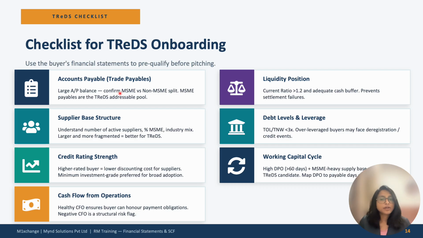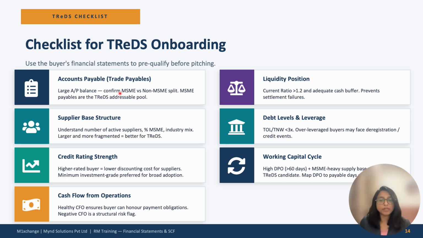company for TReDS. Okay, next is your supplier base structure. What do I mean by structure? That a significant percentage of the vendors or suppliers is, say, MSME, because the TReDS platform is for the MSME vendors or suppliers.